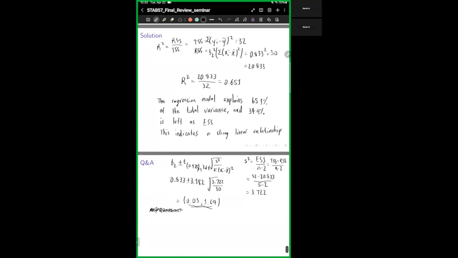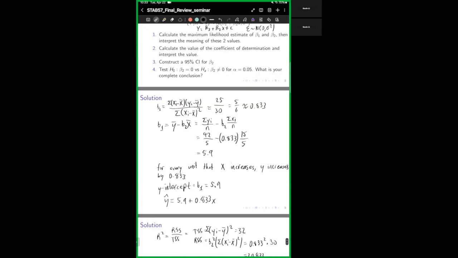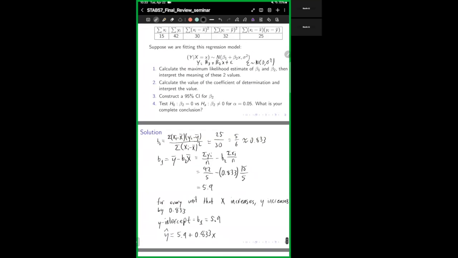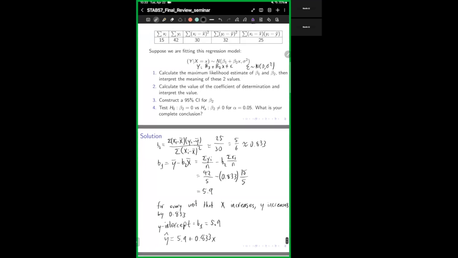Next, we have to test whether H naught, beta 2 is equal to 0, versus our alternative hypothesis, for alpha equal to 0.05. Since this is identical, we could just use this confidence interval to figure out if this hypothesis is rejected or accepted.